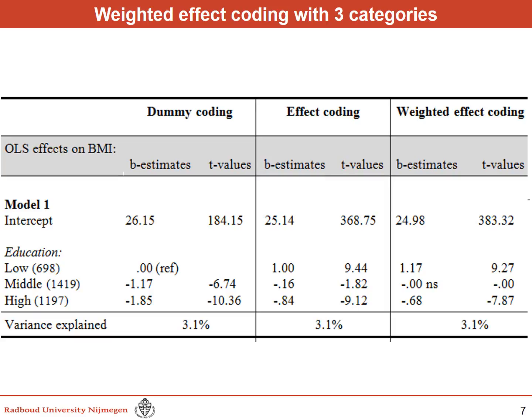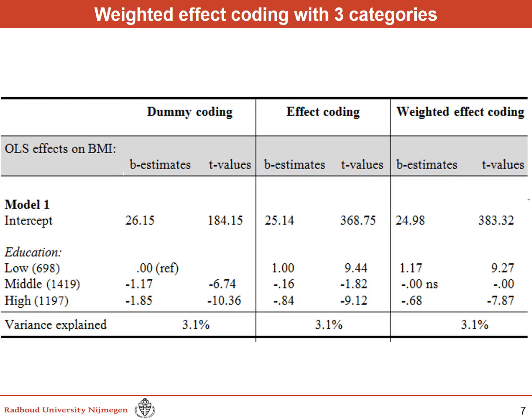So as a last column, we have the outcomes for weighted effect coding. As you can see, the numbers are quite different. We have 24.98 over here, and that is exactly the sample mean in our data.